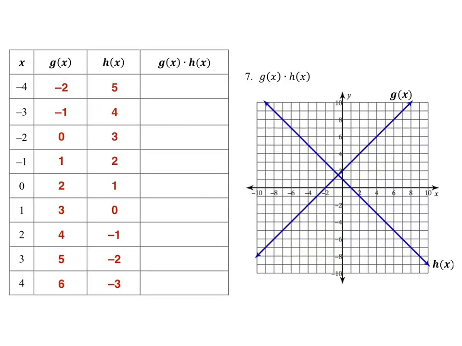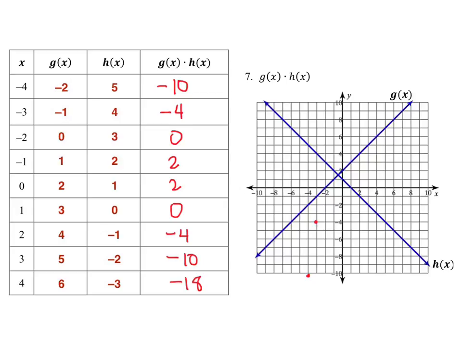Same kind of thing on number 7. Multiply across. I get a negative 10, negative 4, 0, 2, 2, 0, negative 4, negative 10, and then negative 18. Put this on my graph. Negative 3 is negative 4.